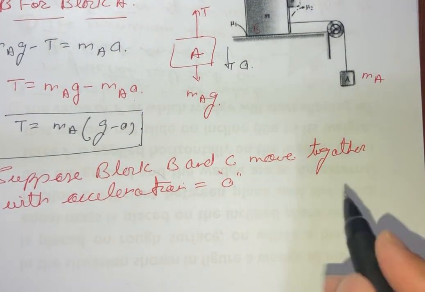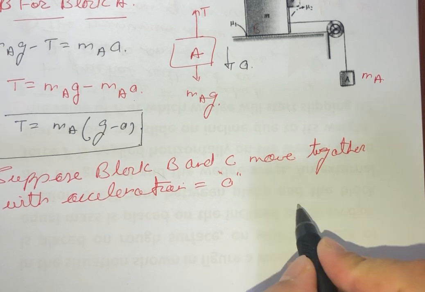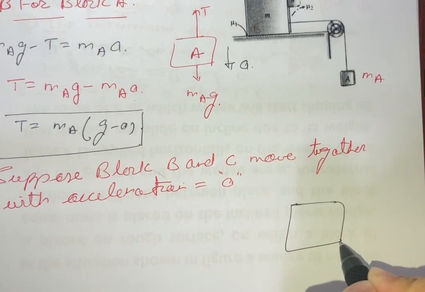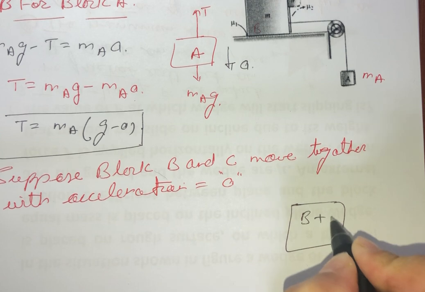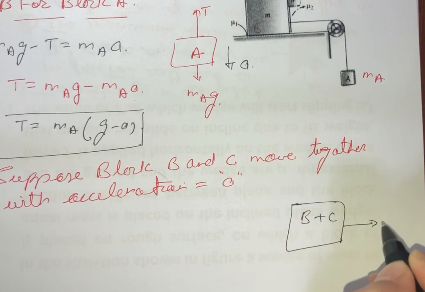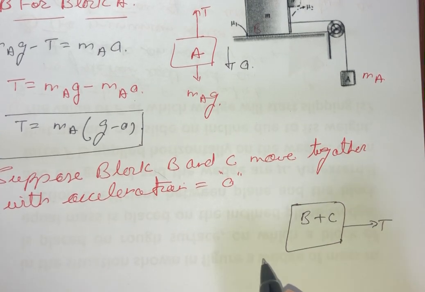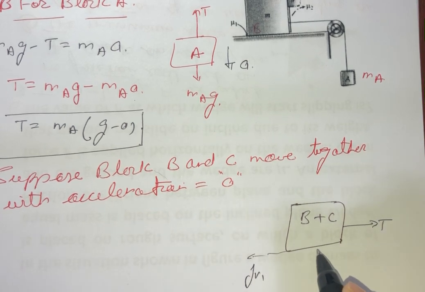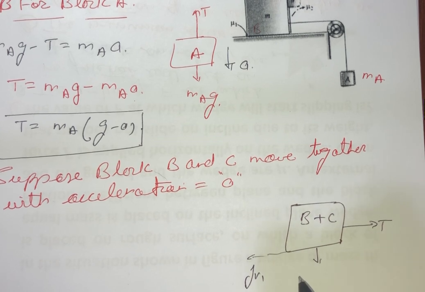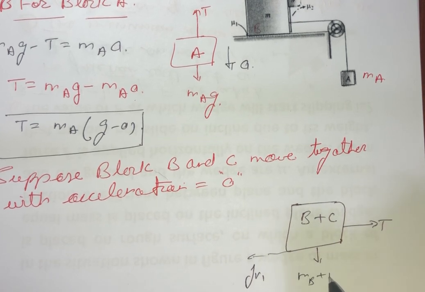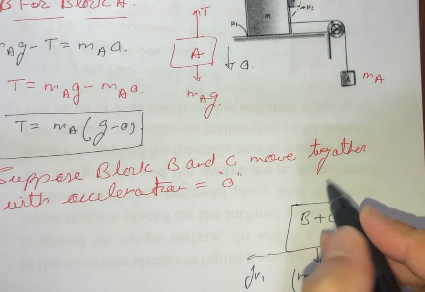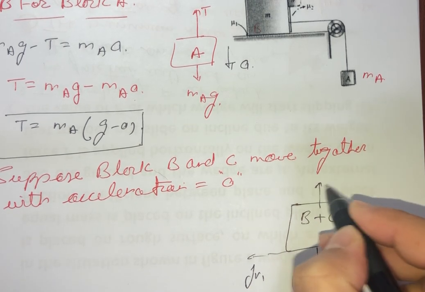So now this will be B plus C, and the tension T, and the force of friction, let us call this FR1. In the downward direction we are going to have (MB plus MC) multiplied by G, and in the upward direction let us suppose there is a normal N1.